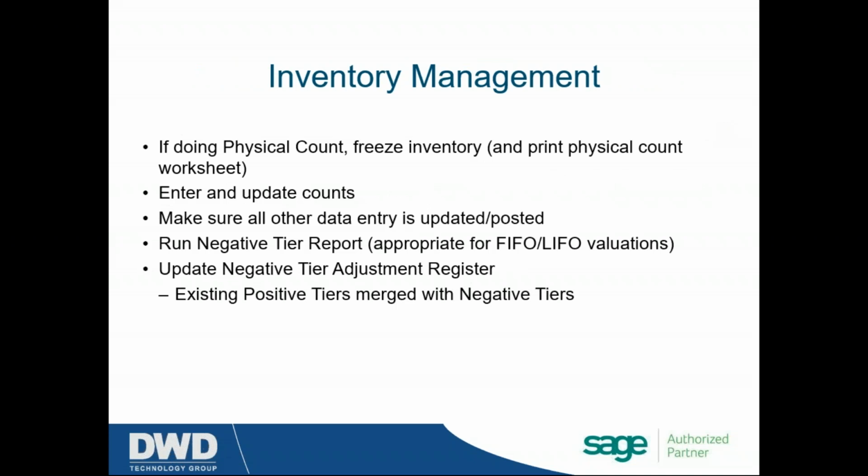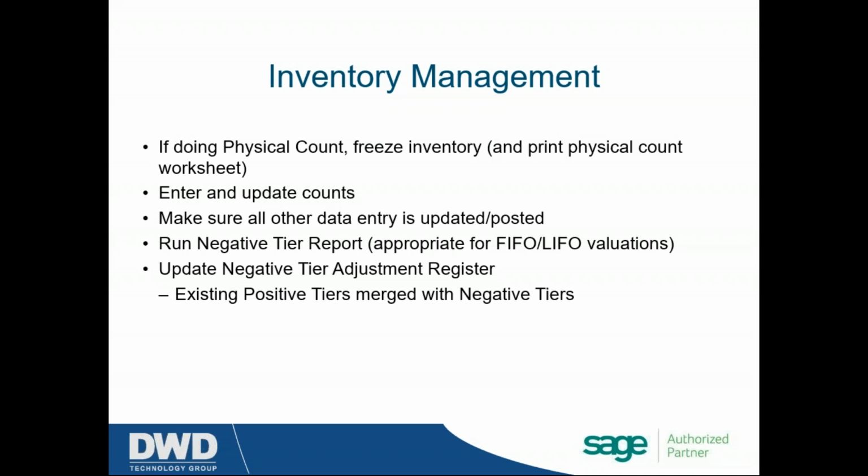All right, so that has been AP and AR. Let's continue down. We'll talk about inventory management. For those of you who have inventory management, if you're going to do a physical count, there is an option in that physical count to freeze the inventory and print the physical count worksheets. Briefly, what freezing the inventory does is take a snapshot of your on-hand quantities at that moment in your inventory module.